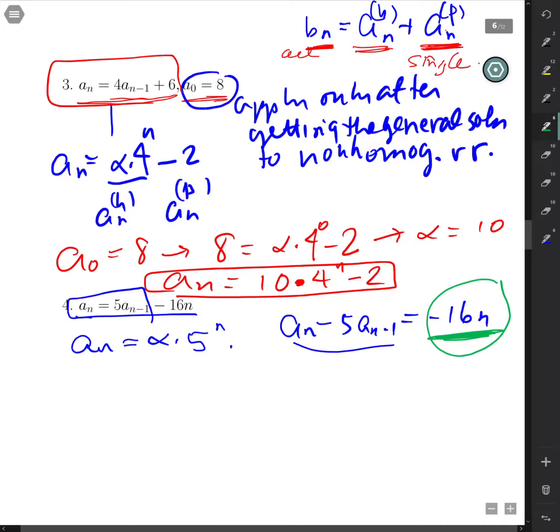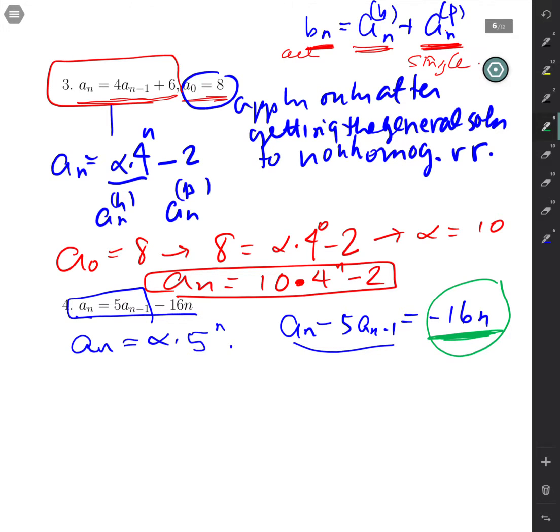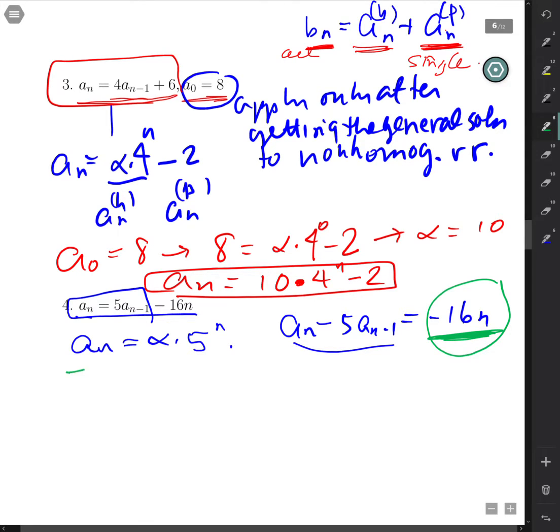So in this case it's linear, so we will try a first-degree polynomial of the form c plus dn.